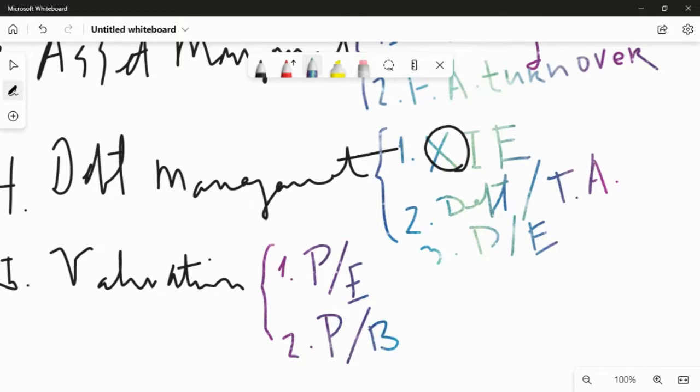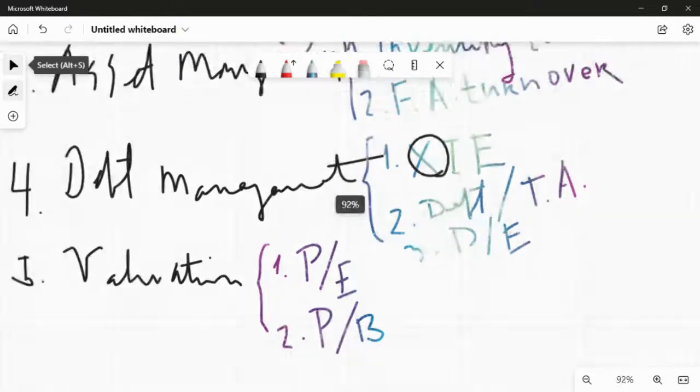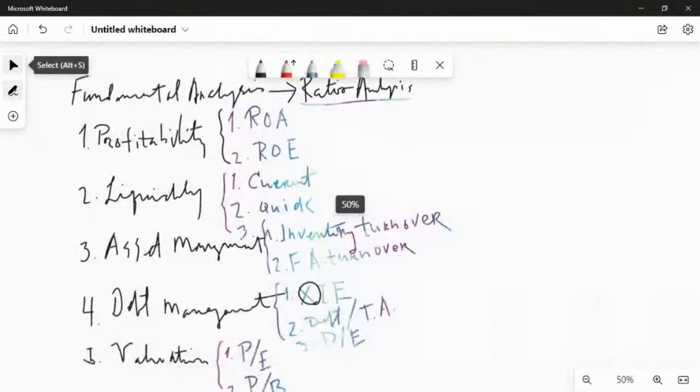Market price to book value ratio. So let's think about it.